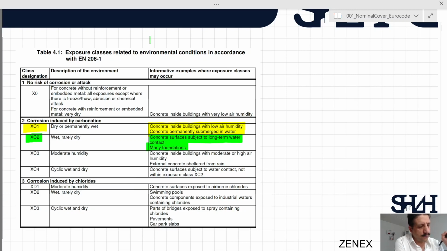And parts of bridges exposed to spray containing chlorides, pavements, car park slabs, these are usually under the attack of chloride. As a result, the corrosion would be because of chlorides, so they are not XC, they are XD. And so on. You can check the other relevant exposure classes in Eurocode for more detail.